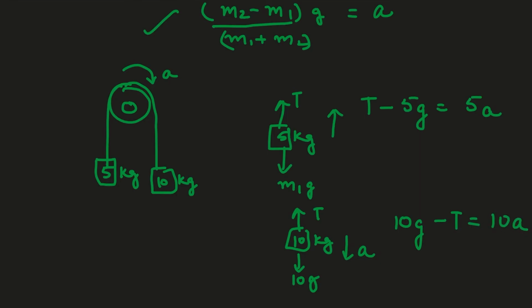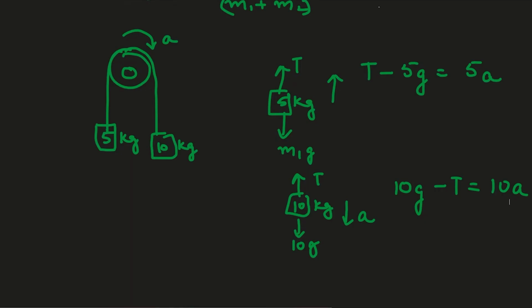So you can see it is very simple. Now for acceleration, I will simply add, let's say this is 1 and this is 2. If you simply add these two, what do you get? 10g minus 5g, that is equal to 5g only, and here it is 15a. So a is nothing but 5g upon 15.